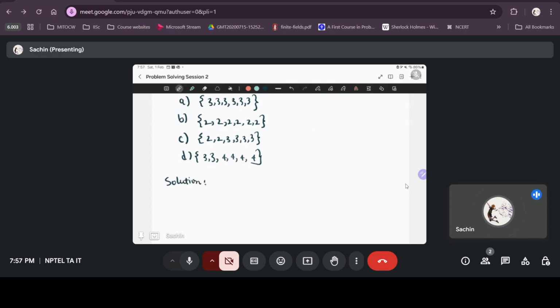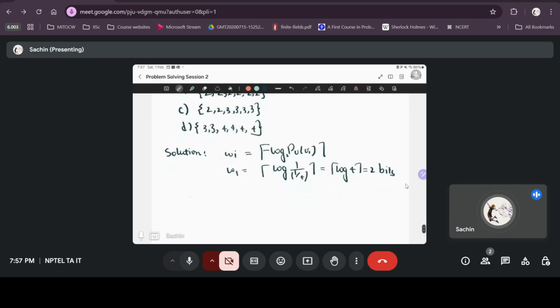But the coding done here is Shannon-Fano coding, where the length is the ceiling of minus log of p of ui. Since it's binary, the base is 2. So w1 is the ceiling of log of 1 over 4, the ceiling of log 4, which is 2 bits.